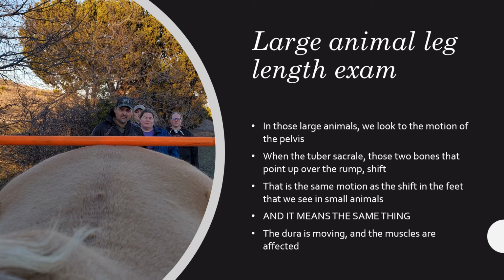That hip leveler is going to show us when that happens. In these large animals, it's going to mean the same thing as what we see in small animals when the feet shift from longer to shorter length. It tells us that the dura is moving and the muscles are affected.